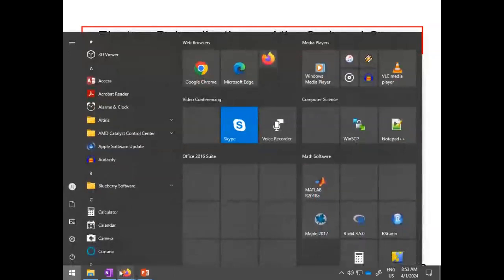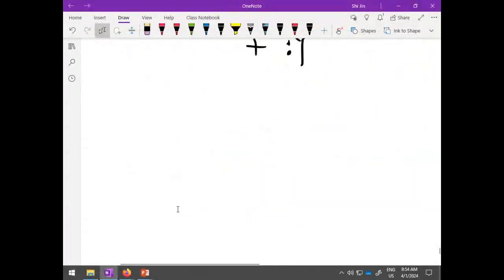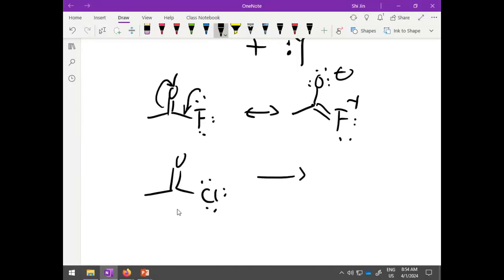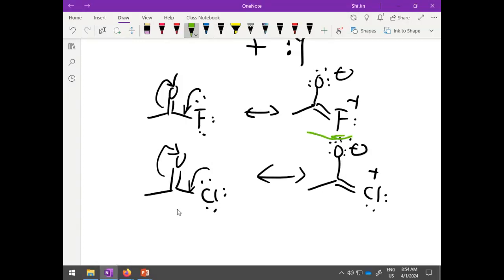Just to give you a few examples, if you look at these two guys, the acyl fluoride and acyl chloride, the carbonyl group is better stabilized in the fluoride.